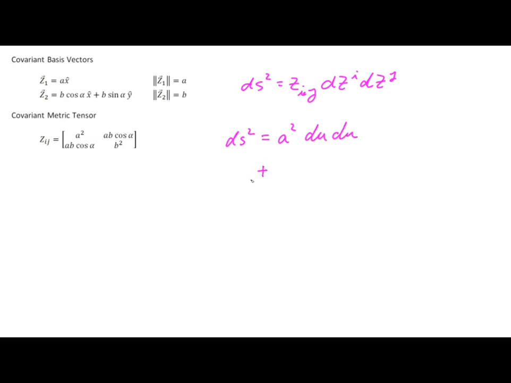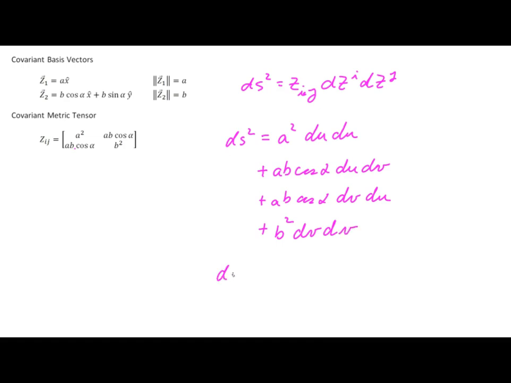Now we'll add z12, which is ab cosine alpha, times dz1 dz2. Then the third term will be z21, ab cosine alpha, times dz2 dz1. And finally, the z22 term, which is b squared times dv dv.